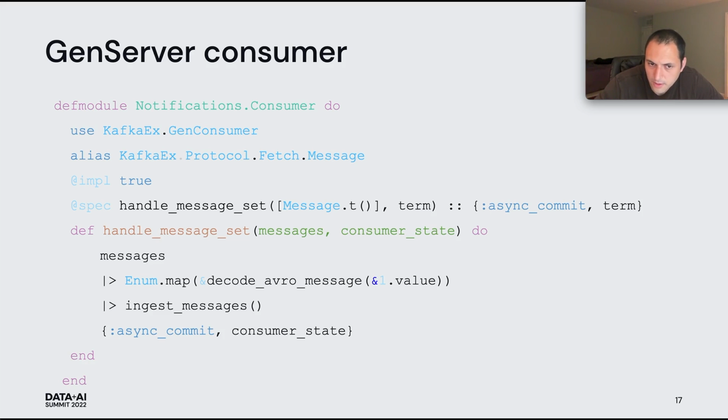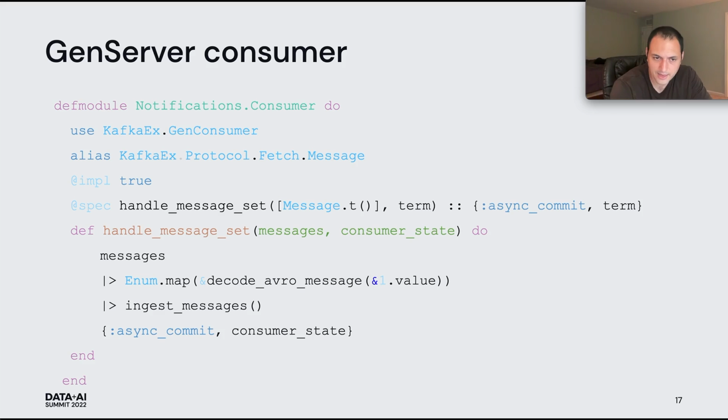And we assume that each message has a dot value, in the KafkaEx protocol fetch message module, a value attribute that we can just reference. So we're taking that and decoding it as an Abra message. The output of that Enum.map is a list, a collection of Abra messages.